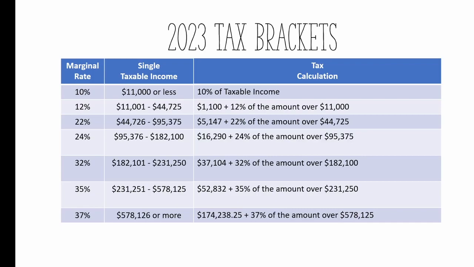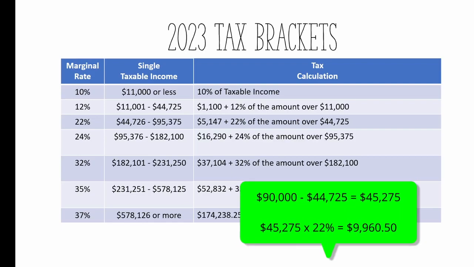This table shows how to calculate your tax once you know what bracket you're in. So I'm in the 22% bracket, and this means my tax liability for 2023 would be $5,147 plus 22% of the amount over $44,725. So $90,000 of taxable income less $44,725 gets us $45,275.